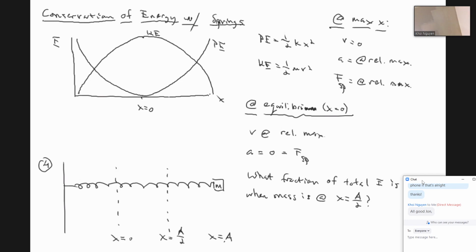We're just still using conservation of energy, right? Except now we're doing it with springs. Elastic potential and kinetic energy.